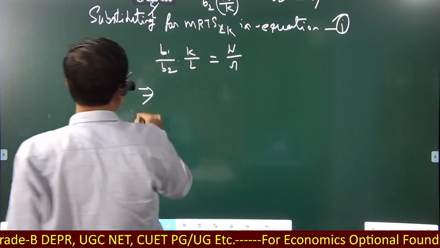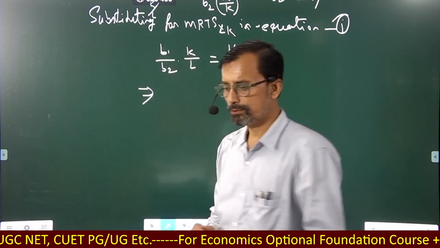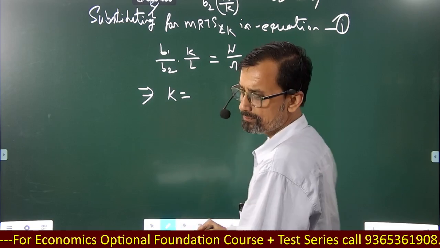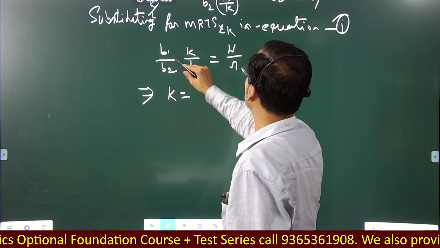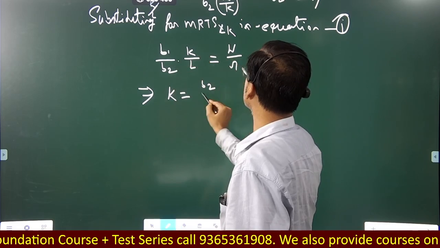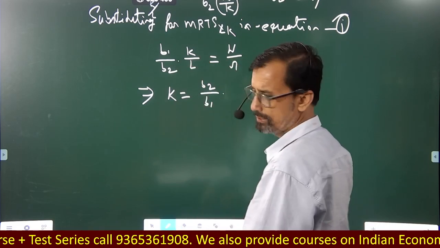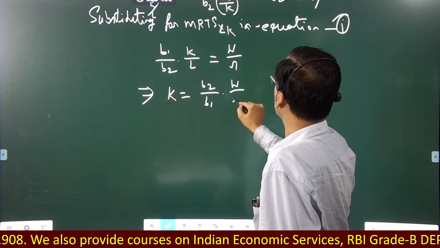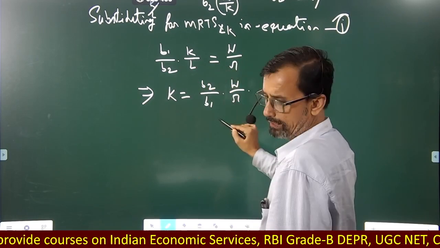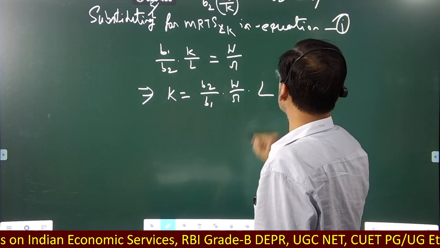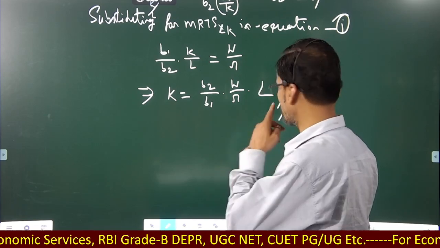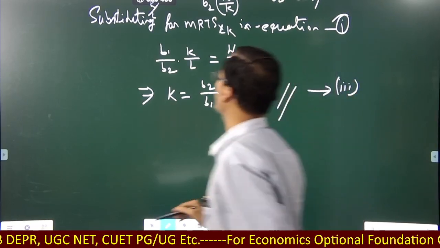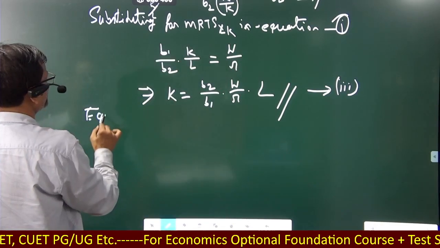When we simplify these expressions, we get K is equal to B2 by B1 into W by R into L. This is equation 3.